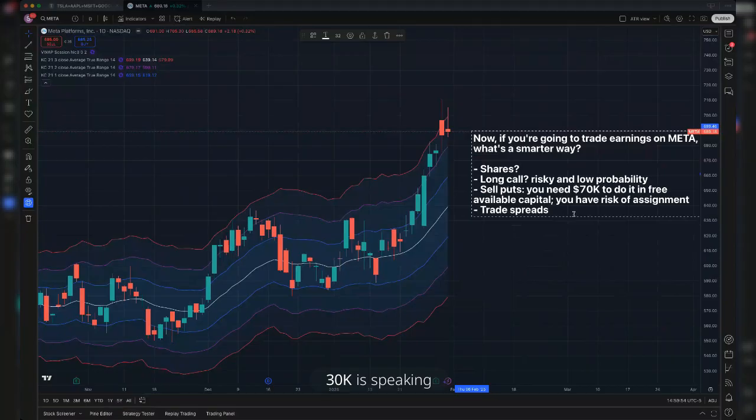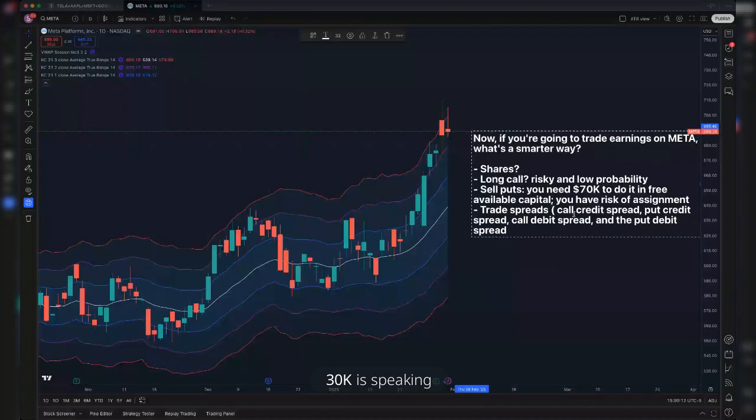All right, and then there are other exotic products, right? And so you can trade spreads. Within spreads, there's the call credit spread, the put credit spread, the call debit spread, and the put debit spread. Then you can also trade the exotics: your iron butterfly, your iron condor, your calendar.